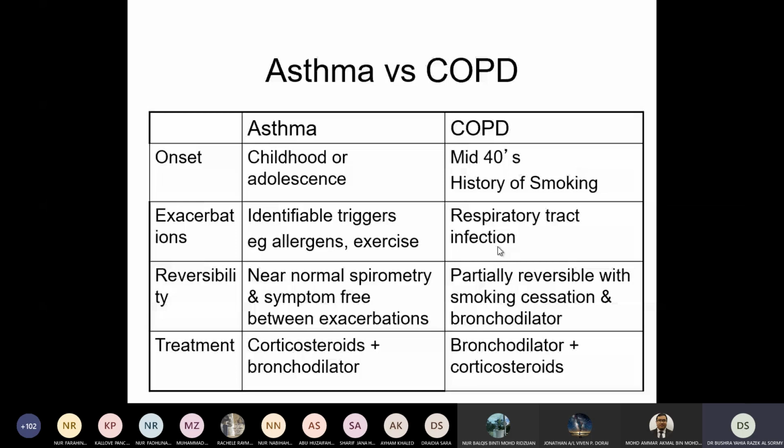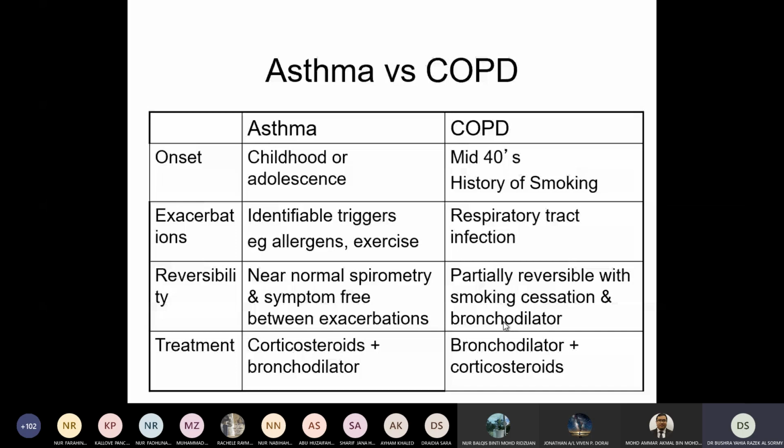Reversibility: in asthma, usually there are symptom-free periods between exacerbations, between attacks. But in COPD, it is partially reversible with smoking cessation and bronchodilators. Sometimes it can be reversible if the patient stops smoking and takes bronchodilators, but not if there is scarring in the bronchial wall, in severe cases. Treatment is the same for both, bronchodilator with corticosteroid.